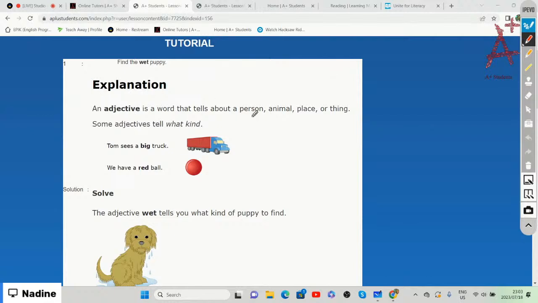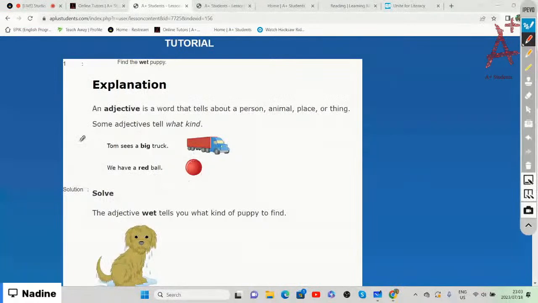So all of these things, if we were to put them in a bracket, person, animal, place, or thing, these are nouns, because a noun names a person, an animal, a place, or a thing. So an adjective is a word that tells us about a noun.